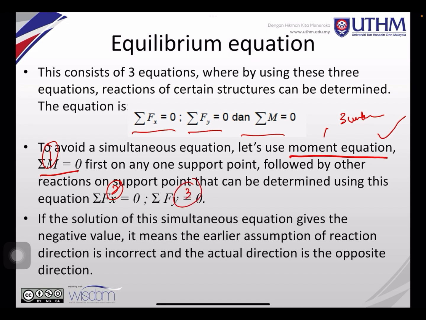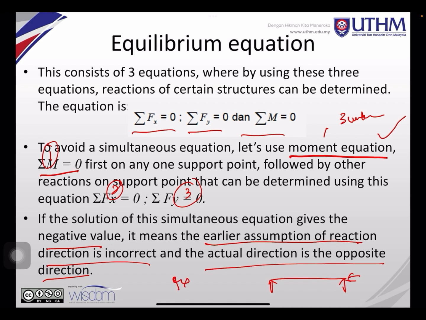If the solution of these equations gives negative values, it means that the earlier assumption of the reaction direction is incorrect and the actual direction is opposite. For example, you assume the force is in this way, and when you calculate Fx equal to 0 you get a negative value, it means that the direction you assumed is incorrect, and the correct one should be this way.